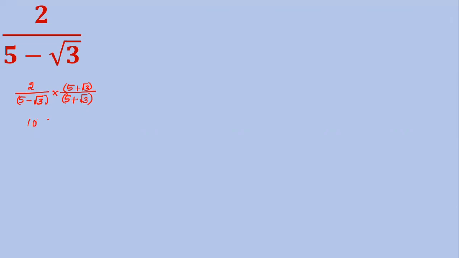Now multiply numerator with the numerator. 2 5s are 10 plus 2 into root 3, that is 2 root 3. Then multiply denominator with the denominator. 5 minus root 3 into 5 plus root 3. That is in the form a minus b into a plus b, that is equal to a square minus b square.